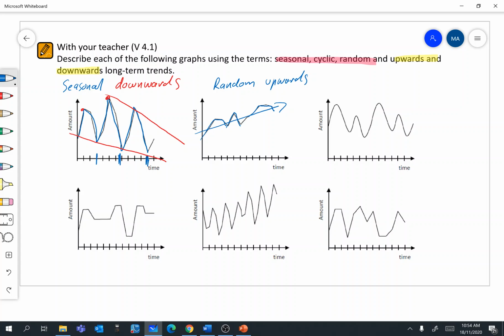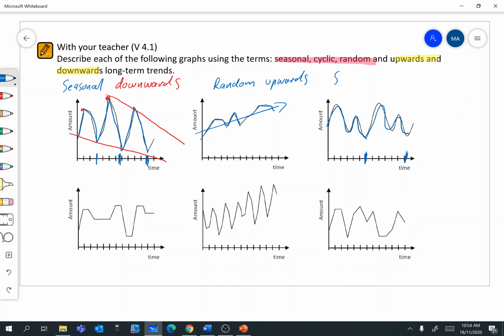Okay, this third graph over here is looking seasonal. We've got this interesting double peak, almost like a sine or cosine graph, a large peak followed by a smaller peak, and then that's repeated again over the same period of time.